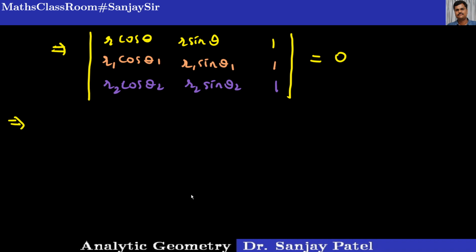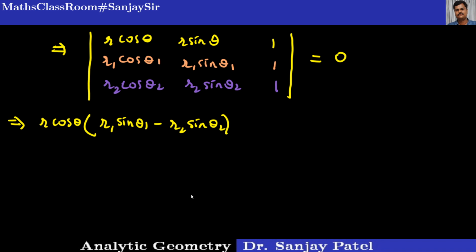First we take r cos theta, and hiding this row and column, we get into r1 sin theta 1 minus r2 sin theta 2. You know, this minus this.